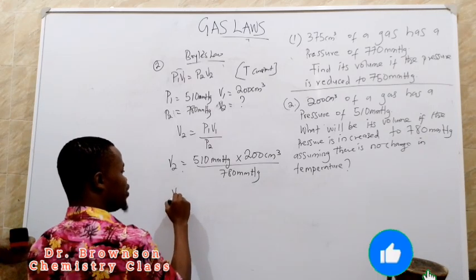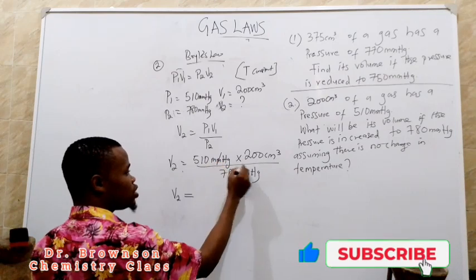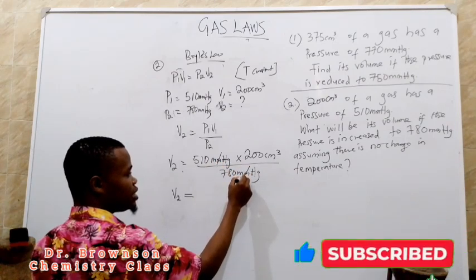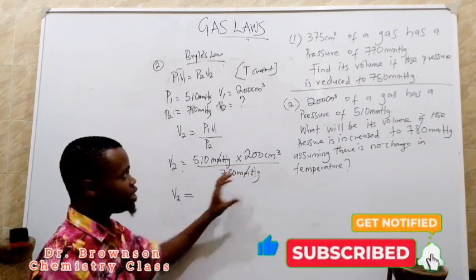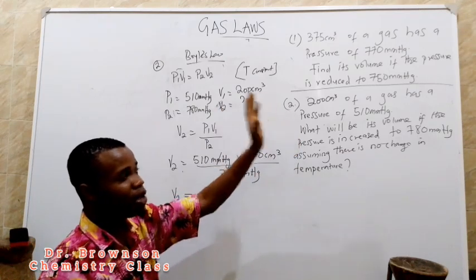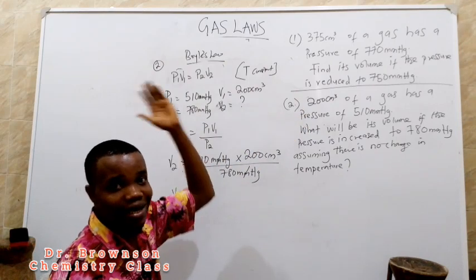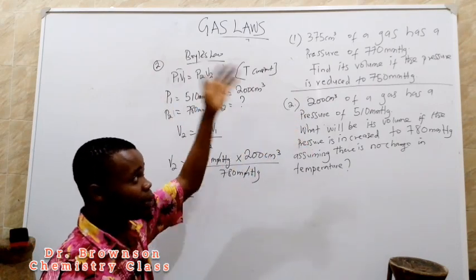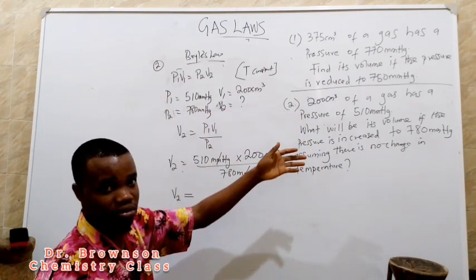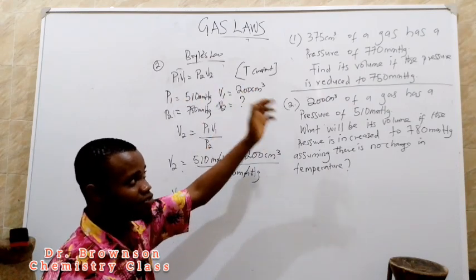So in that case, your V2 is equal to, so mercury cancels mercury. This particular question is mostly in mercury. We have other questions where the pressure will be in atm, which is atmosphere, and the volume will be in liter.